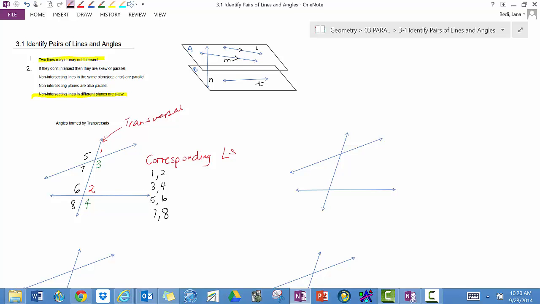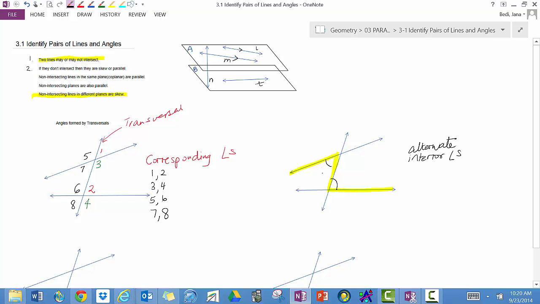Next, let's just look at this highlighted section, and it is loosely a Z formed by the two lines and the transversal. Angles on alternate sides of the transversal but within the two lines are called alternate interior angles.